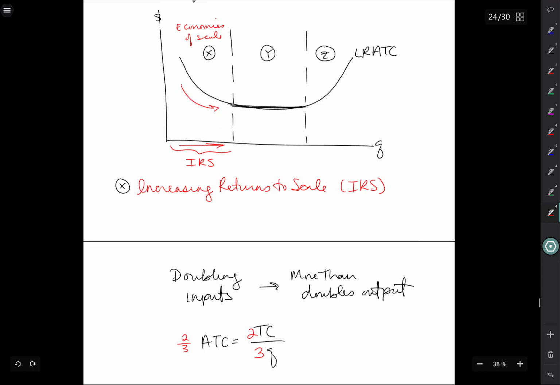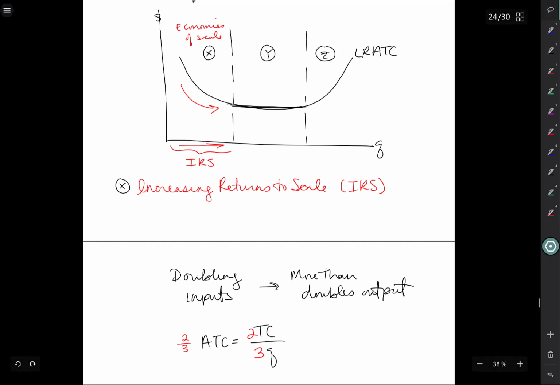Because you must be exhibiting increasing returns to scale. If you're a producer, do you like this property? Hell yeah, you do. In fact, this is the only IRS that firms like. They love operating under increasing returns to scale. Why? Because it's bringing their average cost of production down in the long run. So that's increasing returns to scale.